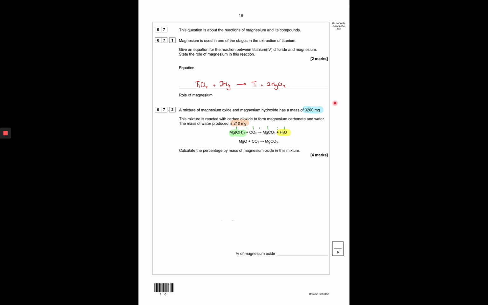Now the role of magnesium. A number of you talked about the magnesium displacing the titanium. At key stage 3, you did displacement reactions. At key stage 4 in your GCSE, when you did chemical changes, you did redox, and you did what you had always thought of as displacement reactions.